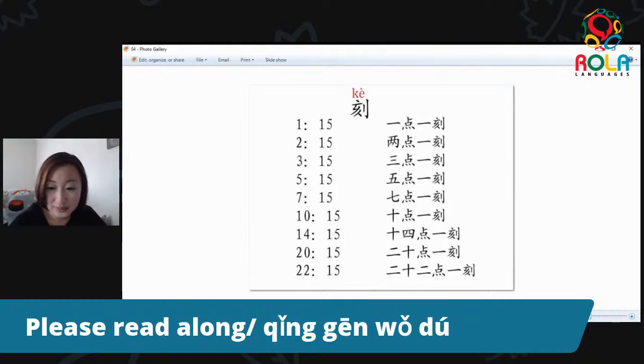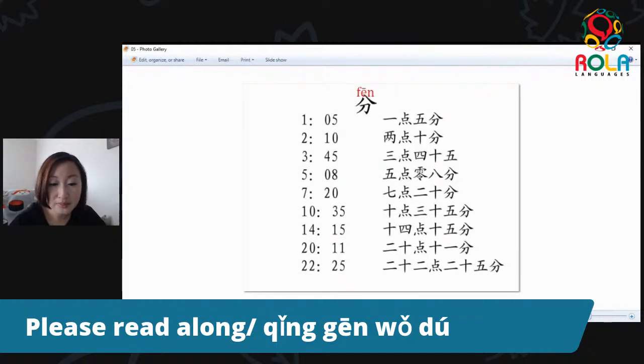All right, next one we have 分. In terms of time, it means a minute. So again, we can read this. 1:05, 1点5分.